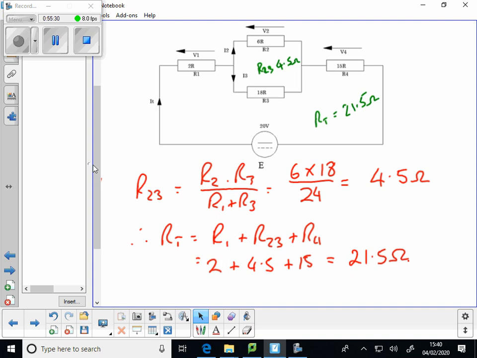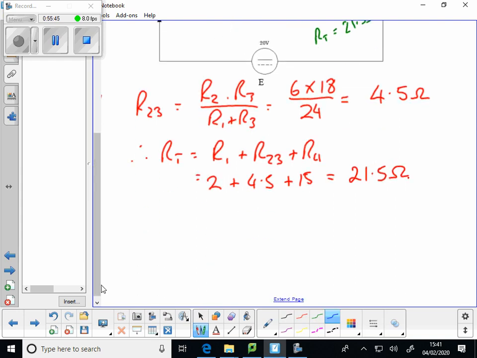Now, with what we now know, what can we calculate? Now that we've found out RT, what can we calculate? Yeah, we can calculate the total current, because what we've effectively said is we've got a circuit, we can replace this with our 20 volts and one resistor of 21.5 ohms, and we'd have the same circuit, remember.